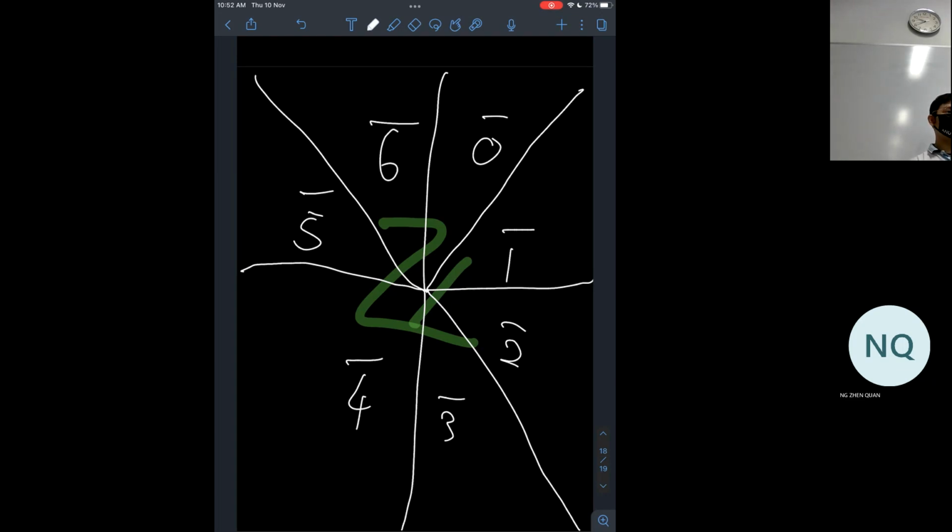So the equivalence classes partition your set, and every integer will live in one of these 7 sets. Next week we will see formally why equivalence classes can help you partition your set.